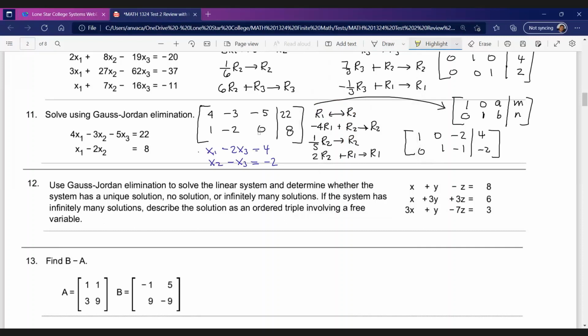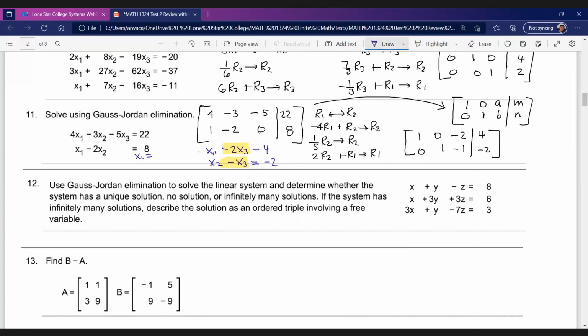Notice, let me highlight, notice that the first equation and the second equation both involve x3. So we could say something like this. X1, let's see, where could I write? Maybe here.